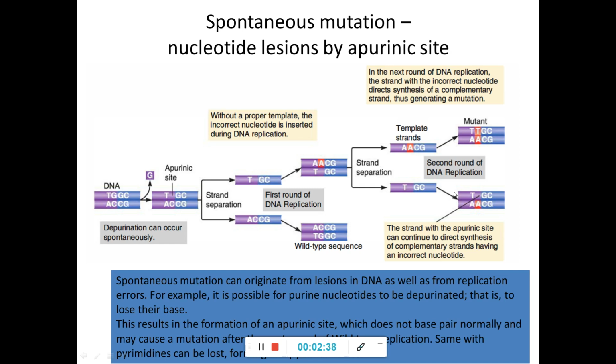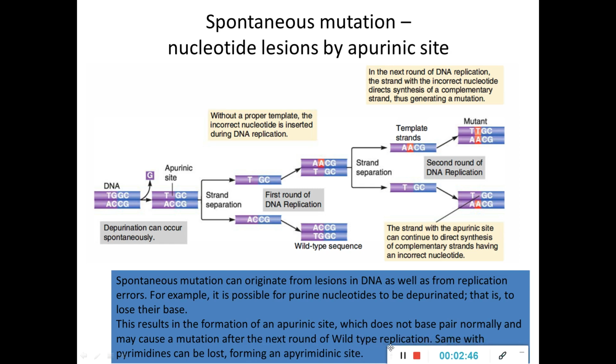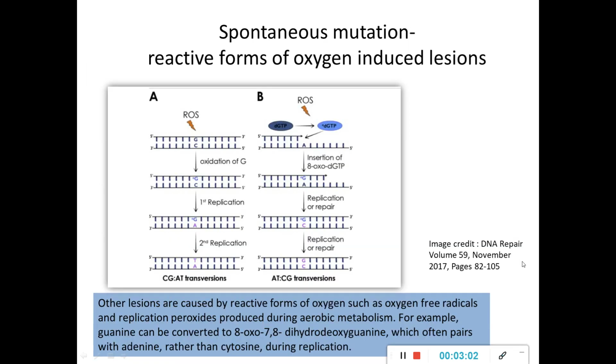This is the same if a pyrimidine is being lost. So whether it is an apurinic site or an apyrimidinic site, that would result in errors during replication and the mutations will accumulate, especially in the second generation of DNA replication. So let's go to the next reasons of spontaneous mutations.